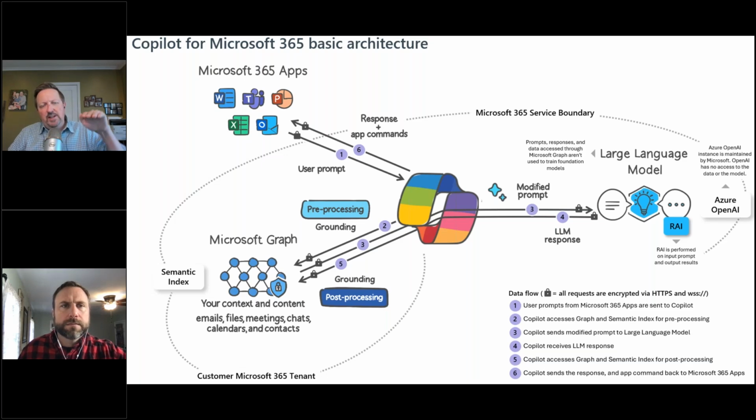What Microsoft's done is they've layered this capability of Copilot on top, and Copilot kind of sits in the middle, and it allows you to leverage all of that internal content you have in your organization and get the benefits of Copilot to look at your own content, to search your email, search your chat messages in Teams, your meetings in Teams, your content living in OneDrive and SharePoint, to leverage the benefits of generative AI, while at the same time, Copilot can go to the large language models and leverage all of the content that's out in the ChatGPT engine out on the web to generate raw additional content that's from the web or from the outside world.